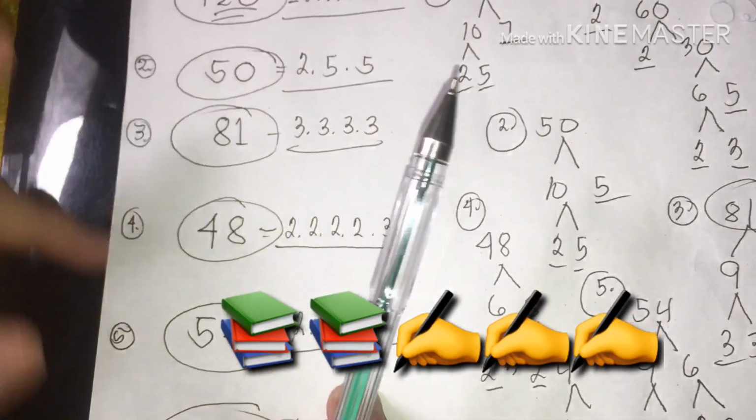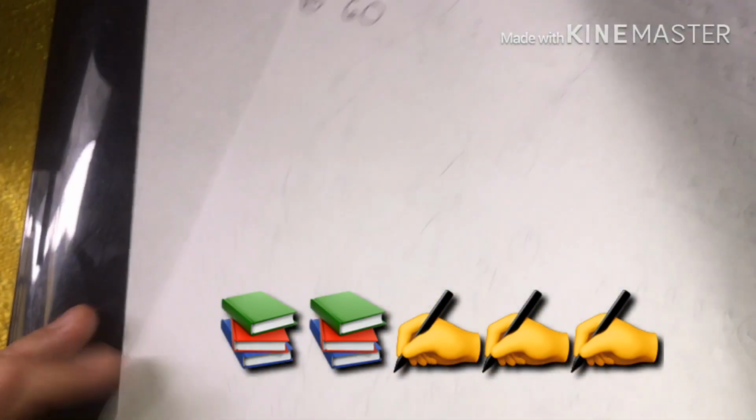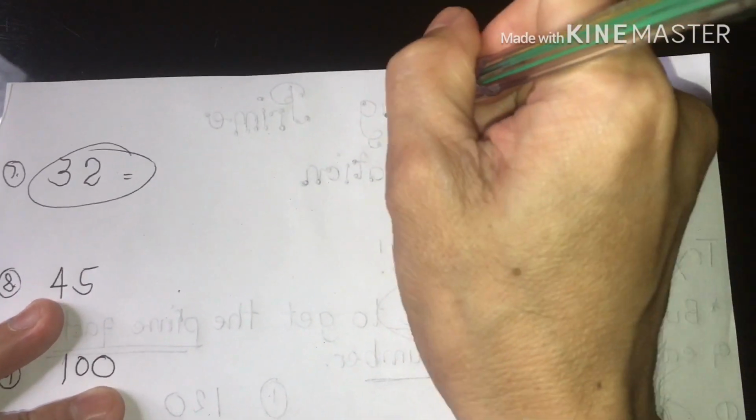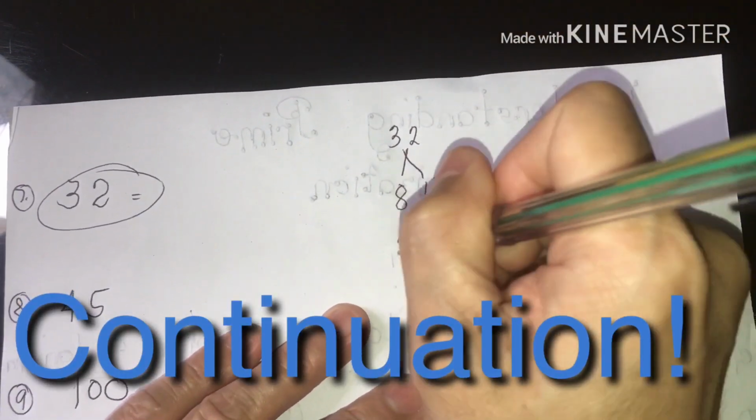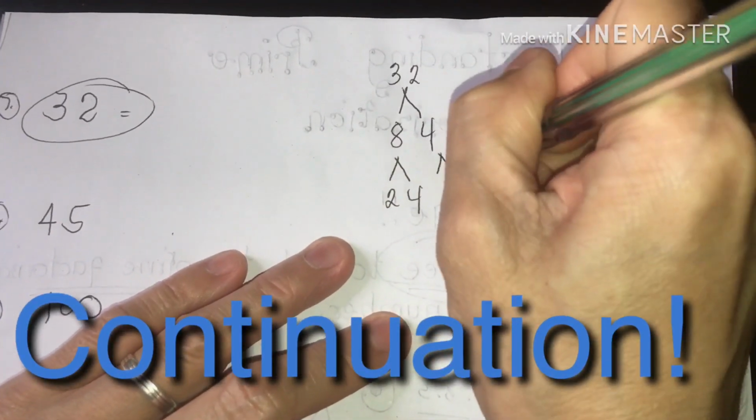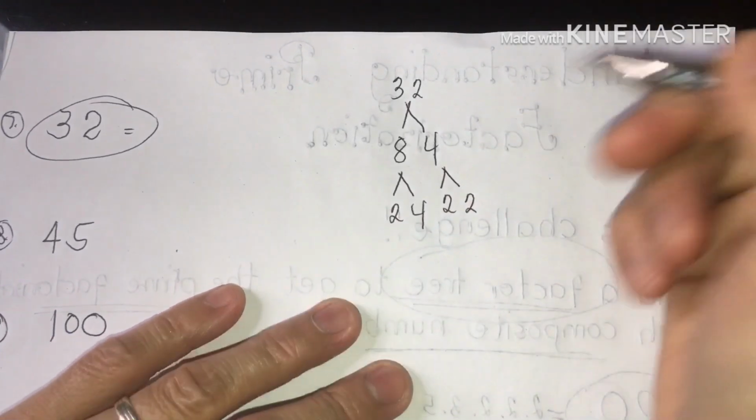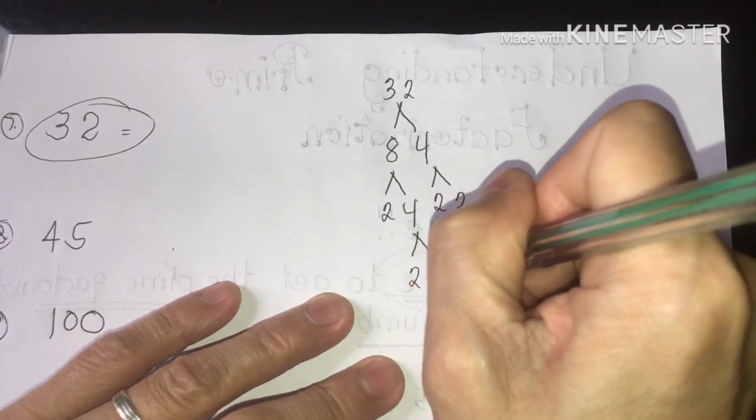Next, class, we're going to proceed to number 7. We're going to factor 32. Using the factor tree method, 8 times 4, then 2 times 4, next 2 times 2. Then 4, we can still factor it.